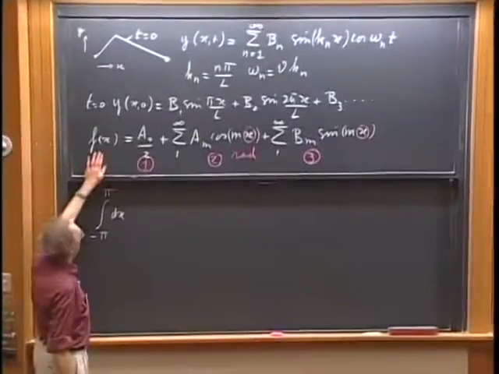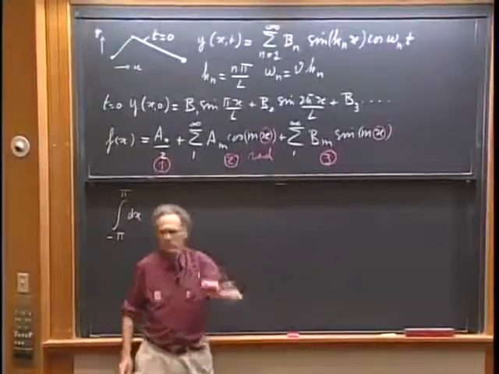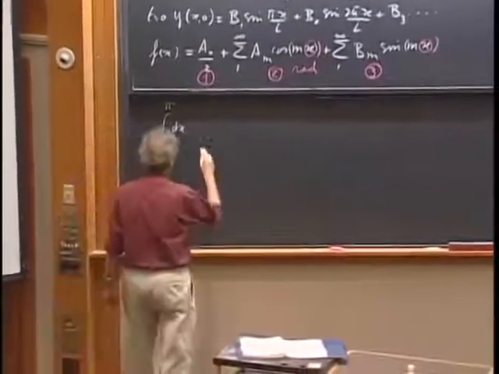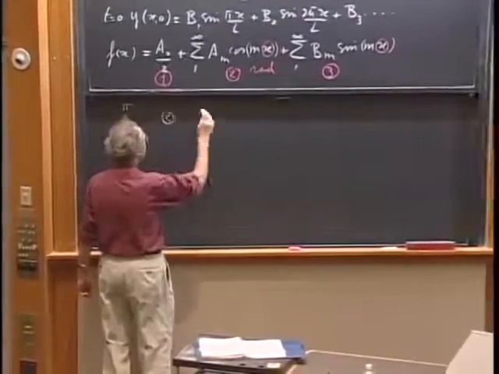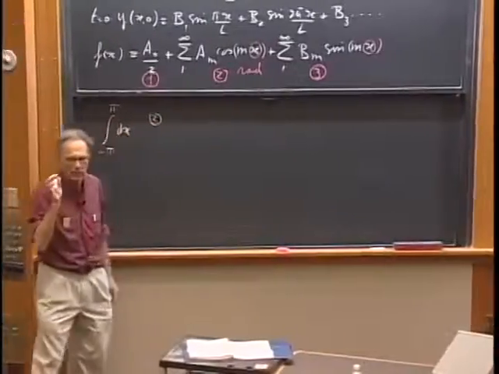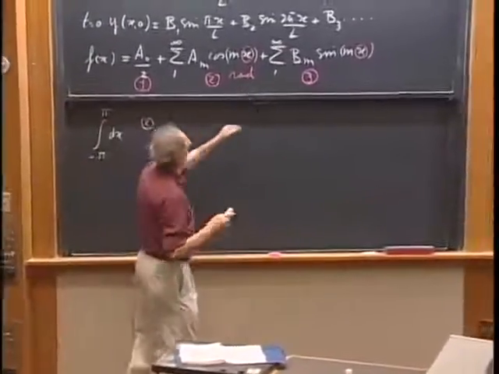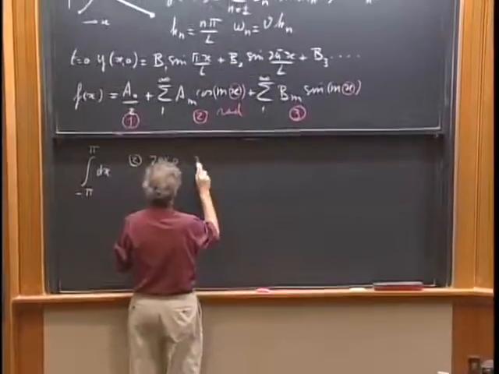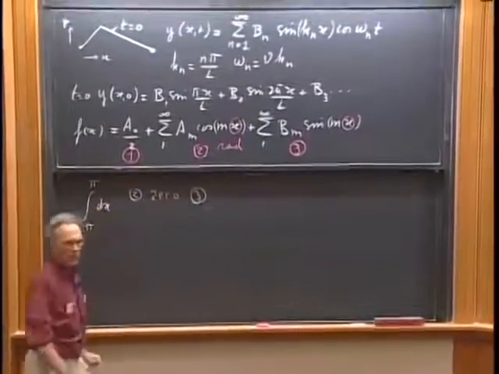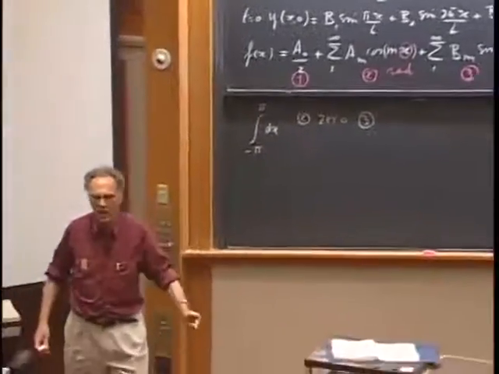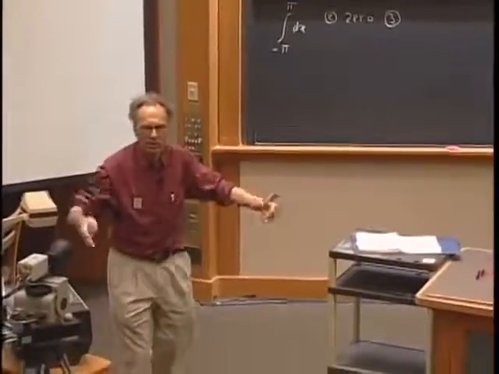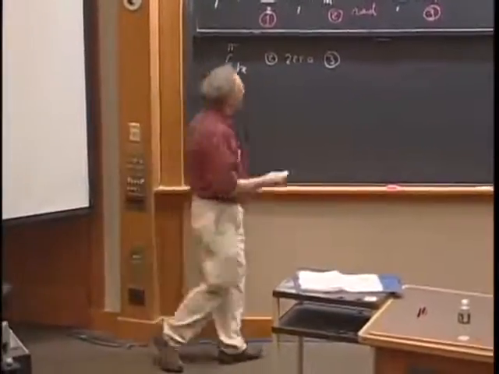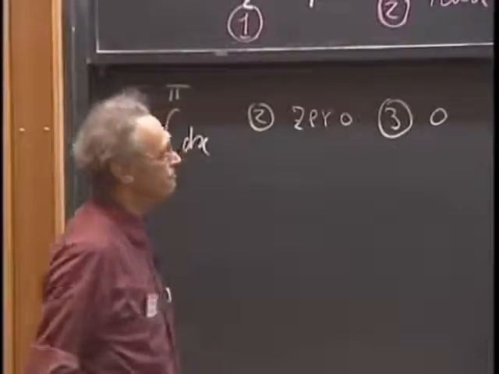This is one side of the aisle, and this is the other side of the aisle. And when you do that, you will see that for all values of x, for all values of m, all terms here will be 0. And the same is true for 3. For any value of m that you take, if you do an integral over a sine, over a complete period, from minus pi to pi, that is a complete period, you get 0, of course. So all values for 3 will be 0.